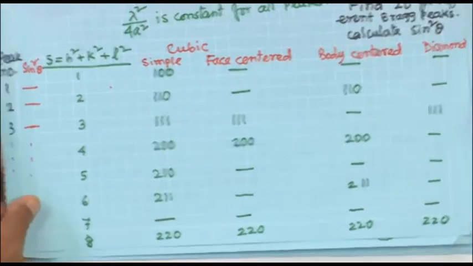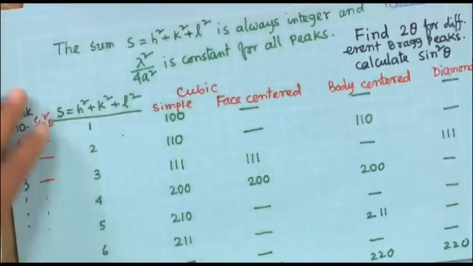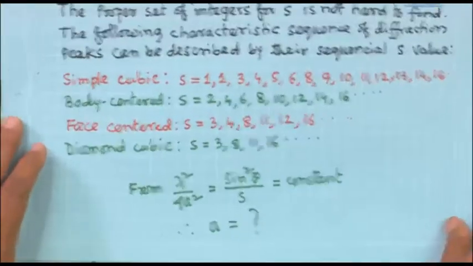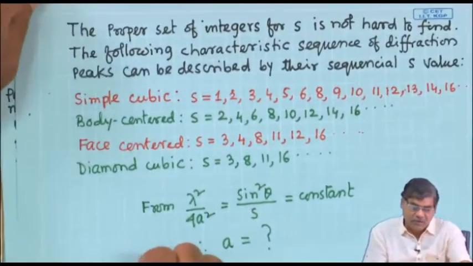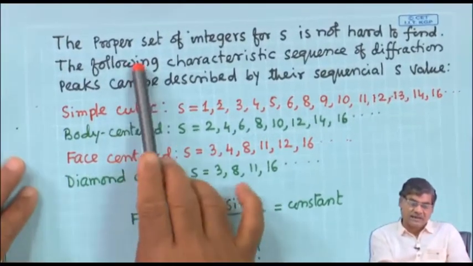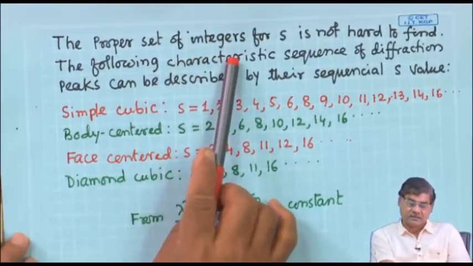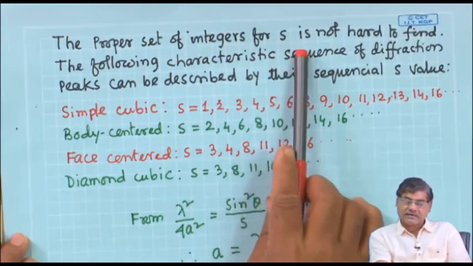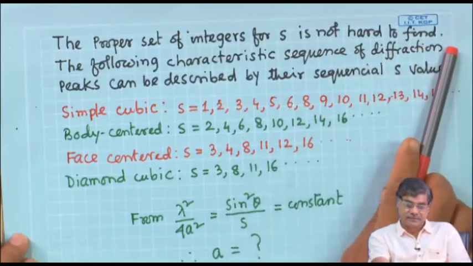So, what we saw is that the proper set of integers for S is not hard to find.